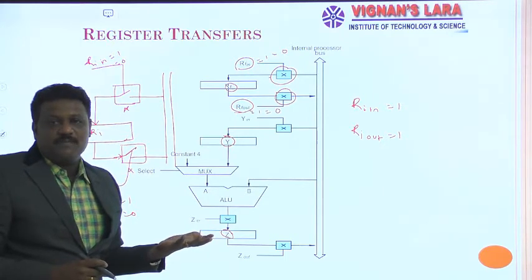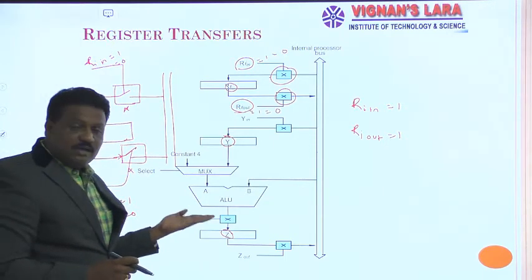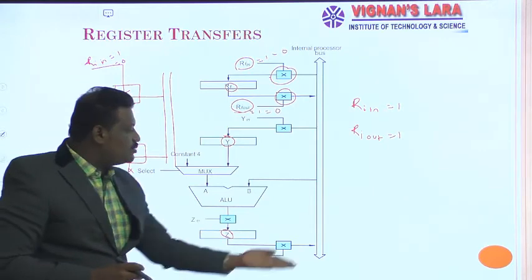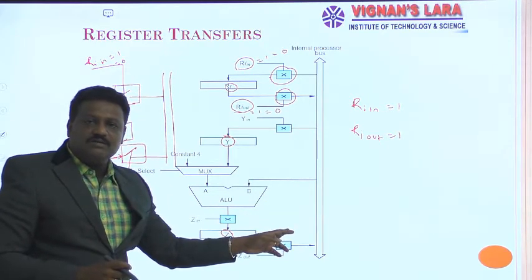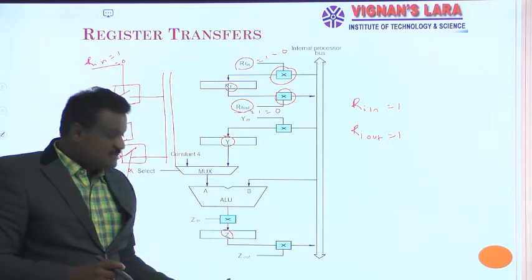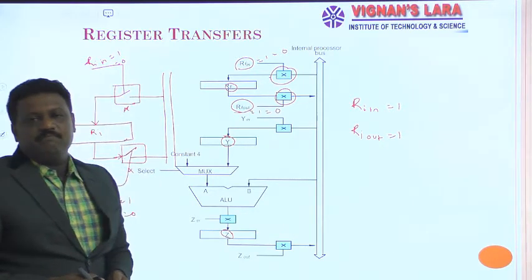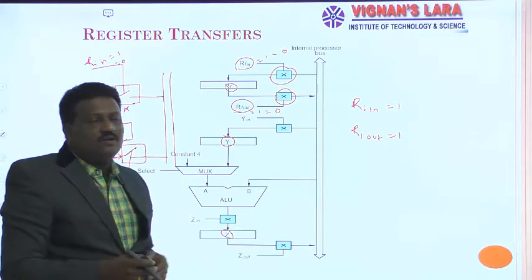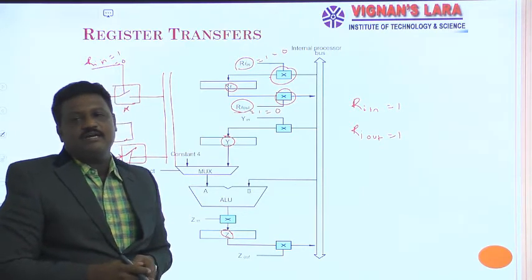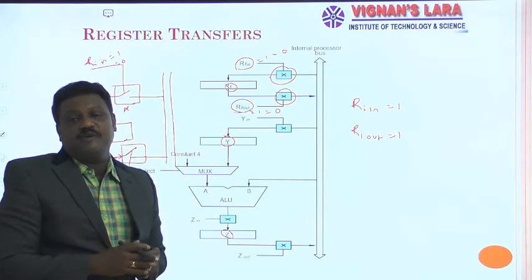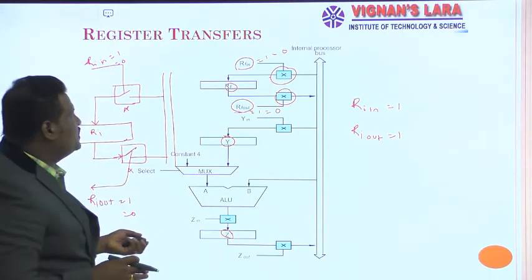Otherwise, it is not possible. And again, if you want to send the value existing in Z onto the internal bus, I have to make this control logic circuit active. It is active only when Zout is equal to 1. So with the help of these control logics, I transfer data between registers and the internal bus in the most secure way. That is an important thing you have to remember.